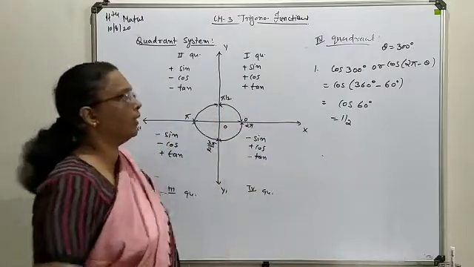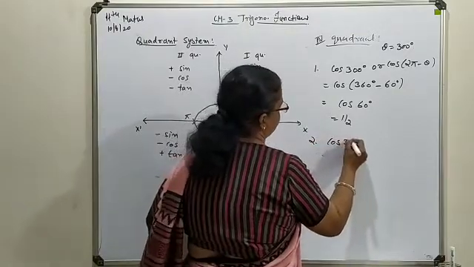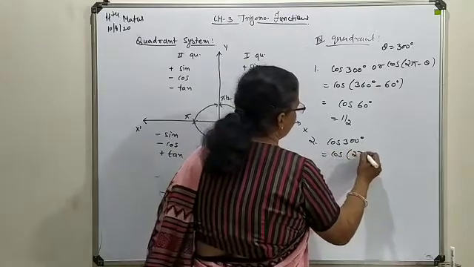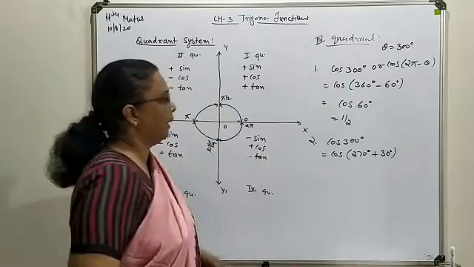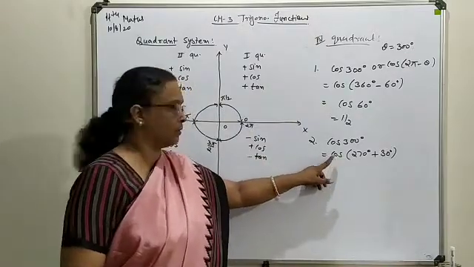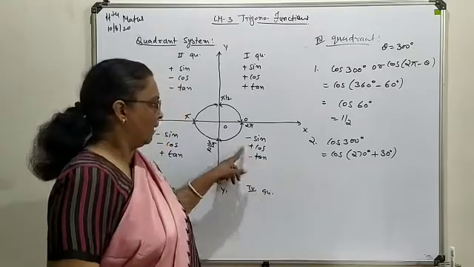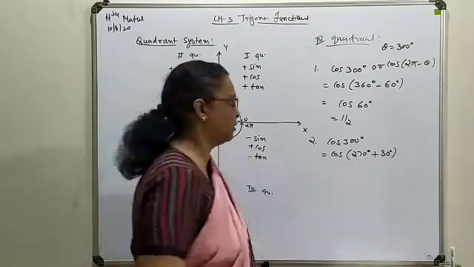Now the second way it can be represented: this is cos 300, the same angle we are going to represent as 270 plus 30. As you are dealing with cos, the sign is not going to change, but the term is going to change as it is a multiple of 90.